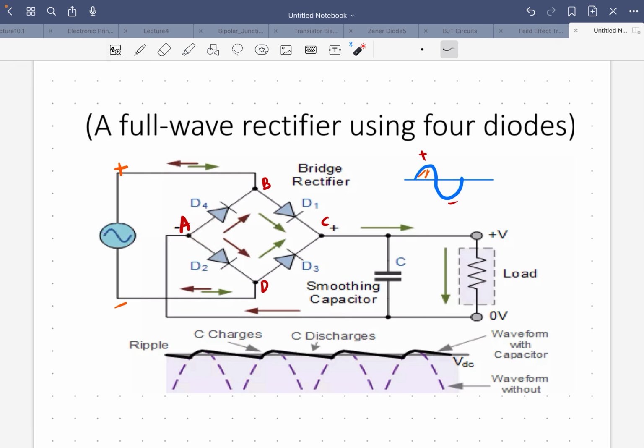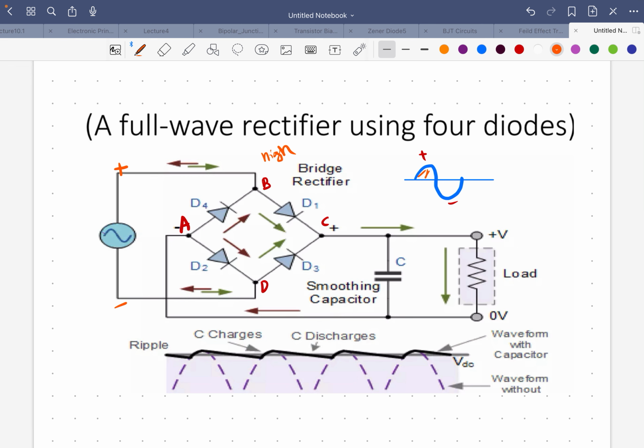Both are connected in forward bias, but we know that the voltage always goes from high potential to low potential. At point B here we have a high potential, but at point D we have a low potential.